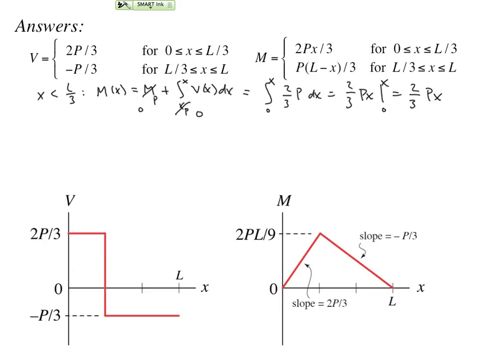For x greater than L over 3, we use our same expression, but now have to be aware that x P and M P are different. x P now represents the transition point of L over 3, and M P takes on the value it did as we approached L over 3 from below, 2/9 PL.